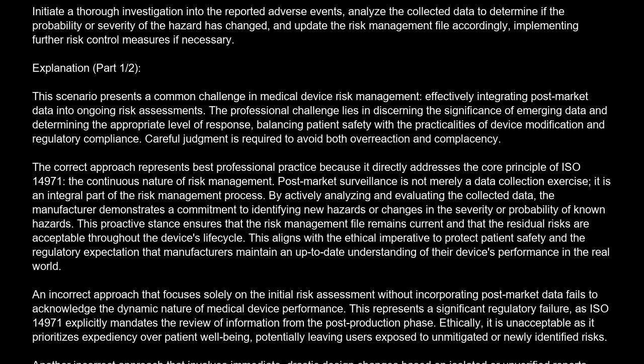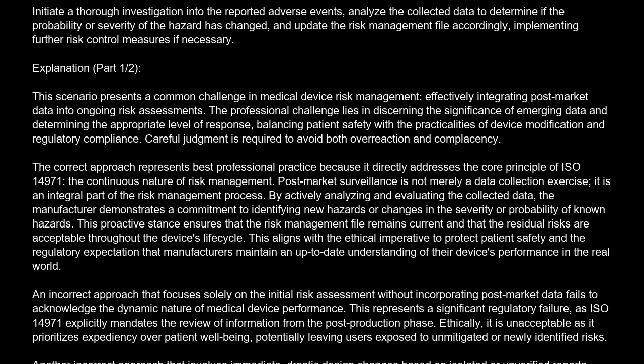The correct approach represents best professional practice because it directly addresses the core principle of ISO 14971, the continuous nature of risk management. Post-market surveillance is not merely a data collection exercise. It is an integral part of the risk management process. By actively analyzing and evaluating the collected data, the manufacturer demonstrates a commitment to identifying new hazards or changes in the severity or probability of known hazards.